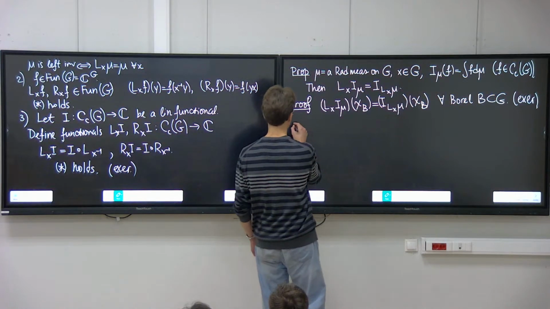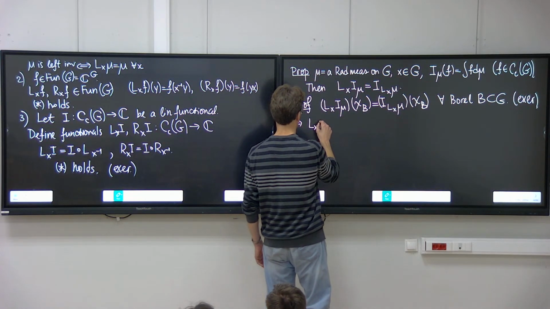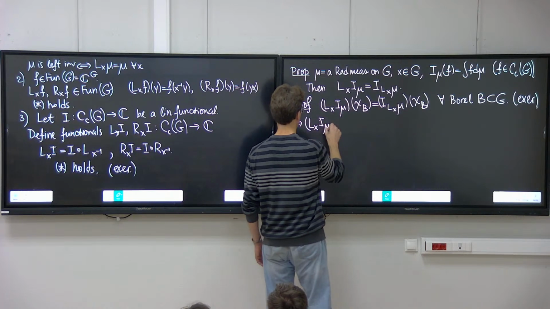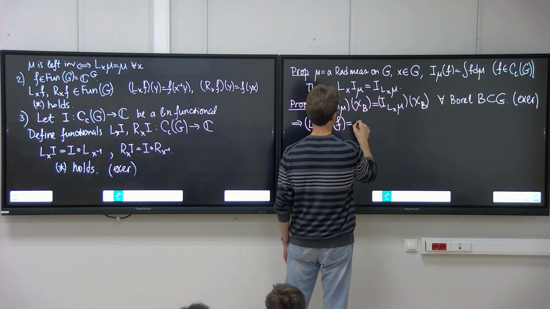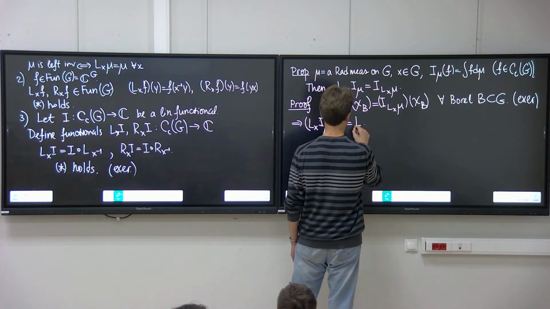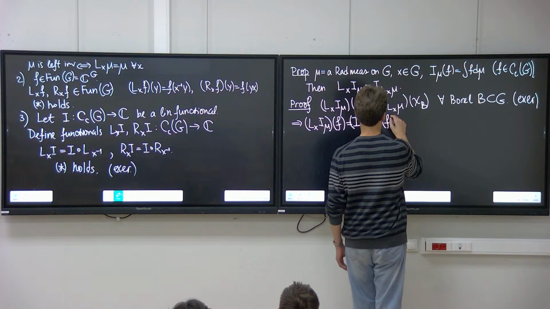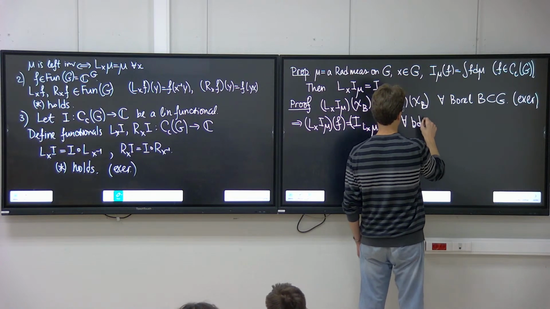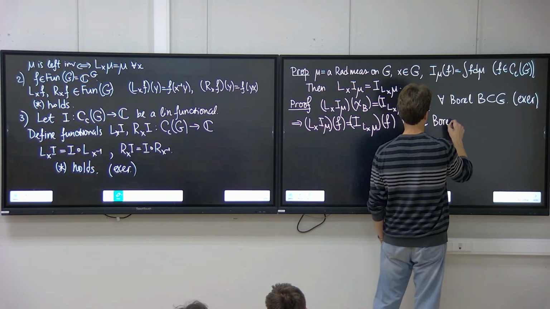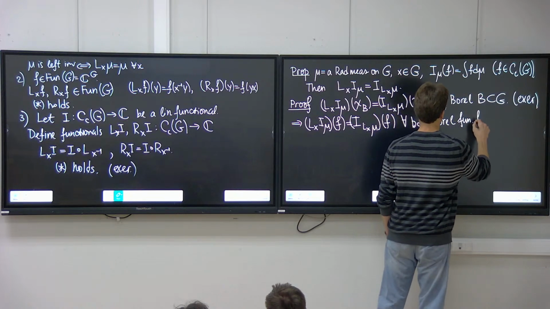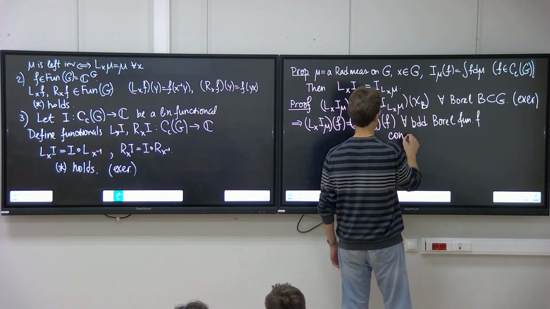As a result, we deduce that both functionals agree on every bounded Borel measurable function concentrated on a set of finite measure.